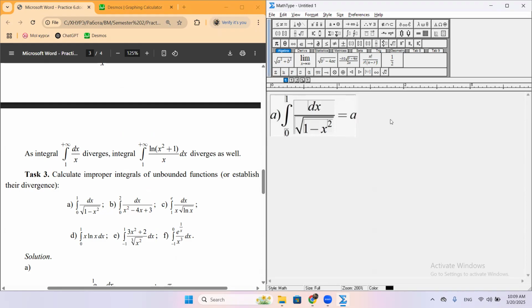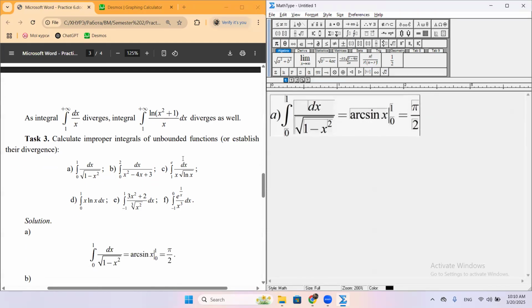This is a table integral, and the antiderivative is arcsine of x, from 0 to 1. Arcsine of 1 is pi over 2, and arcsine of 0 is 0, so pi over 2 is the final answer.